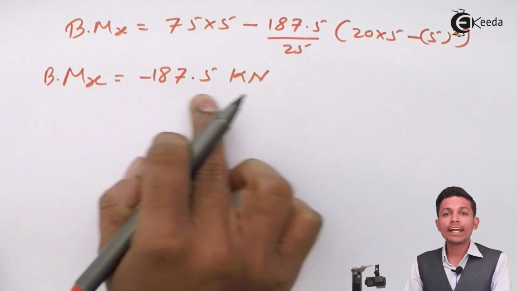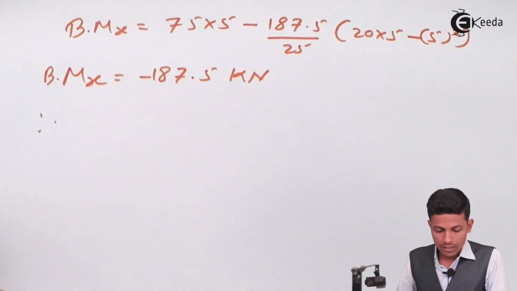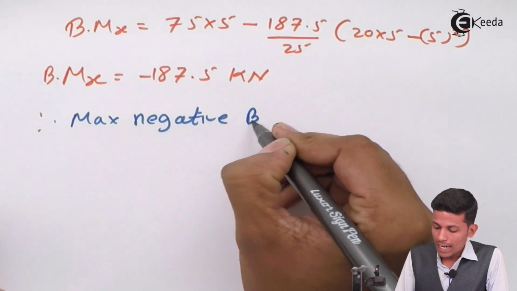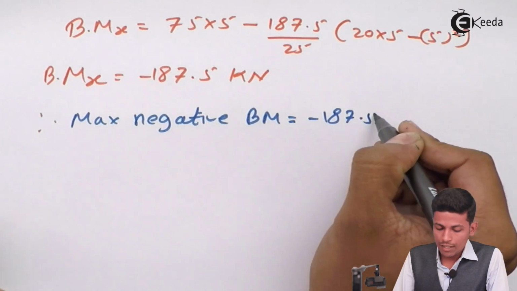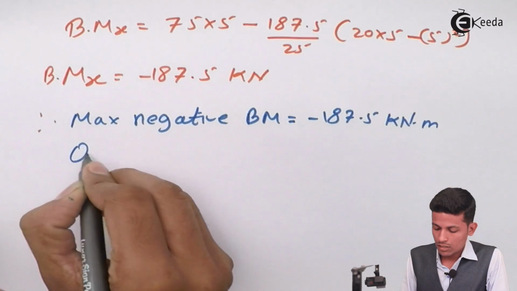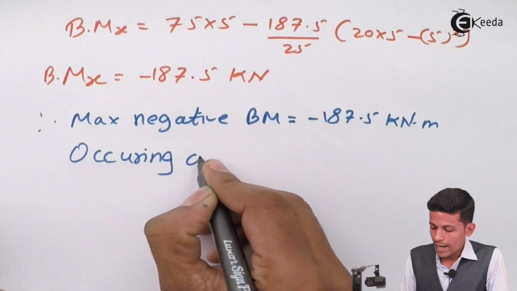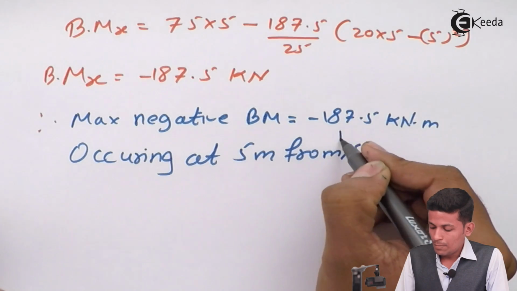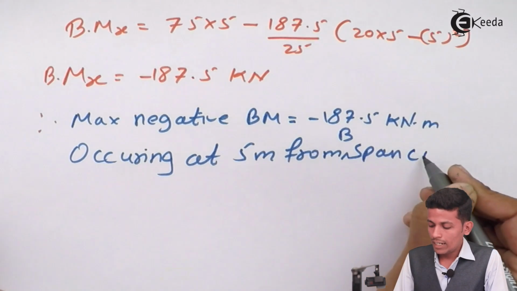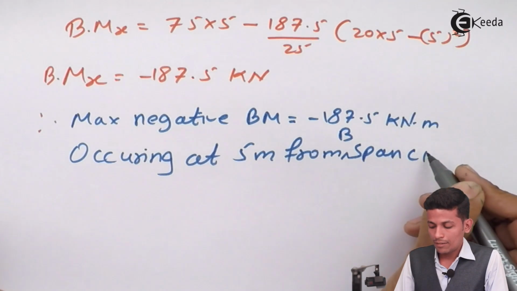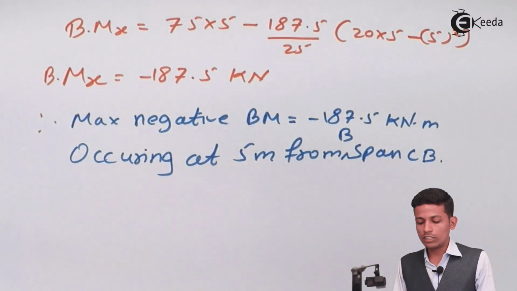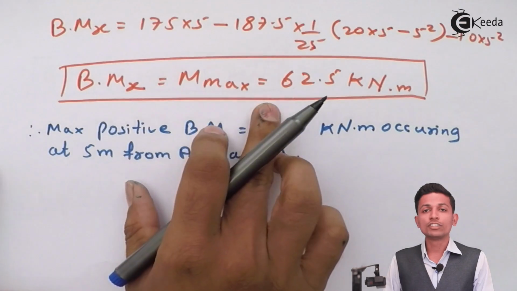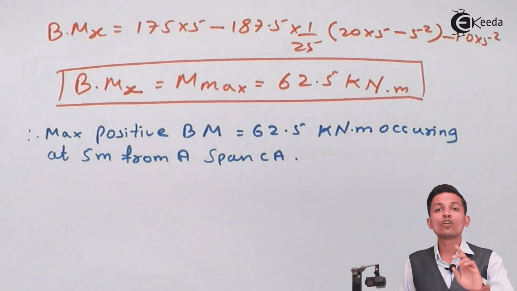Now see, this automatically comes minus, so that is the maximum negative bending moment, minus 187.5 kilonewton meter, occurring at 5 meter from B, in span C and B. Now this has the minus, meaning this is the maximum negative bending moment, and this other one is the maximum positive bending moment. After that you have to draw the diagrams.